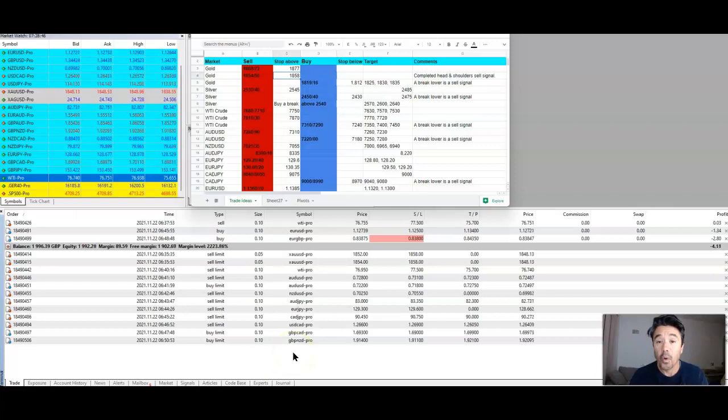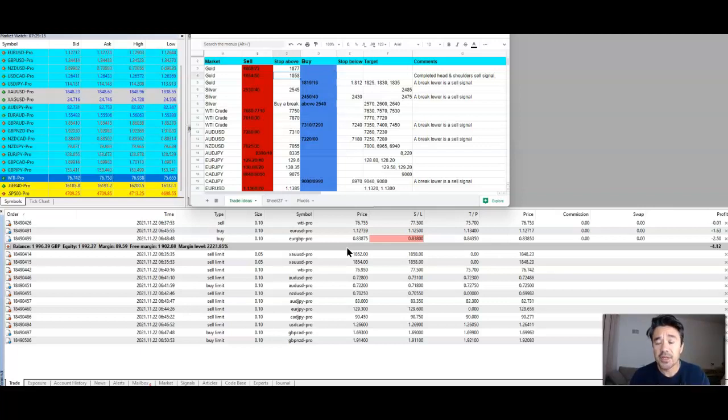So if they were all to execute and they were all to lose money, I would lose £260, which is a large chunk of a £2,000 account, way more than I would want to lose in a day, about 13%. But at least with 13 different orders, if they all went wrong, I could still live to fight another day. If I was risking more than that and I'm starting to lose 500, 600, 700 pounds, it won't be long before that £2,000 is wiped out in 2 or 3 days.